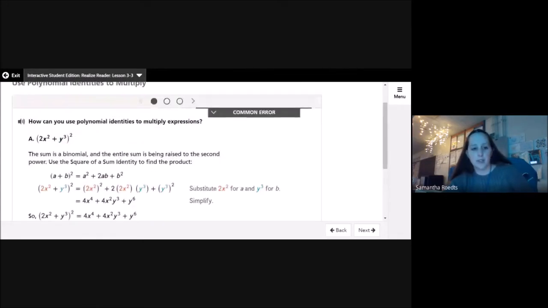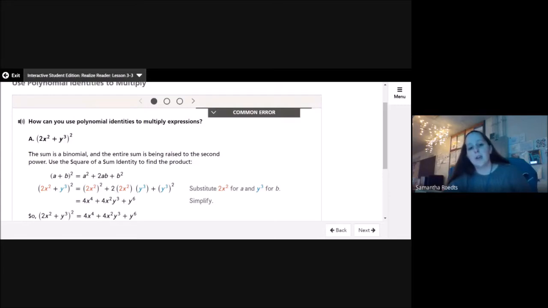Okay, so this is what I'm using. (a plus b) squared equals a squared plus 2ab plus b squared. Well, a is 2x squared, b is y cubed. So I have (2x squared) squared plus 2 times 2x squared times y cubed plus (y cubed) squared. Okay, so that gives me (2x squared) squared is 4x to the fourth power. So remember, we distribute this top 2 to the 2 inside, both 2's inside.